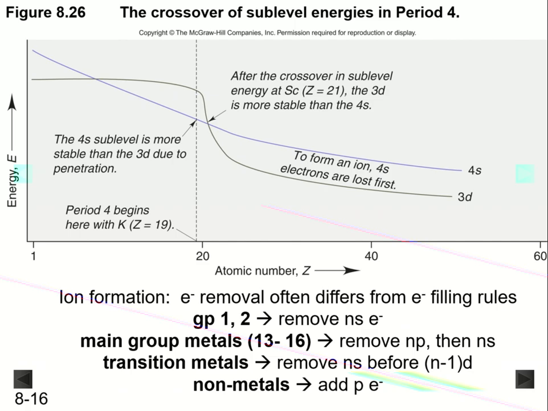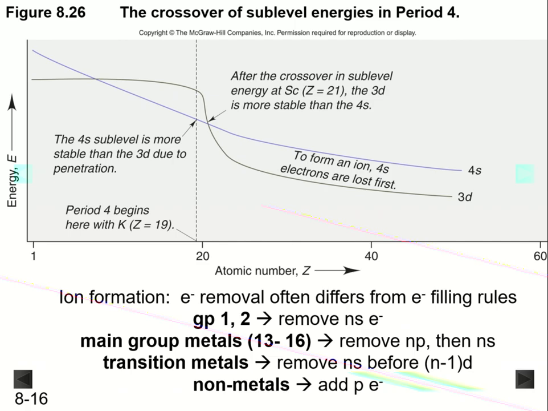So at the bottom is our basic set of rules that we need to remember, and this is how you need to think about this. In ion formation, electron removal often differs from electron filling. Now, for groups 1 and 2, filling and removal are the same. We simply remove the ns electrons, the last ones in are the first ones out.